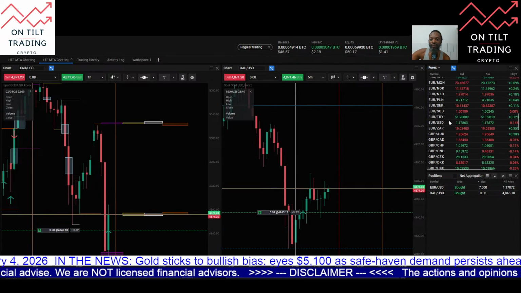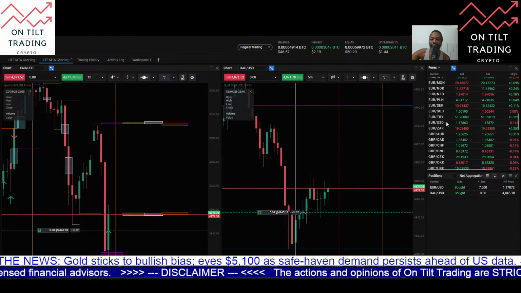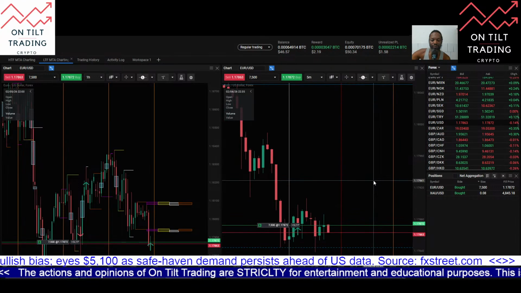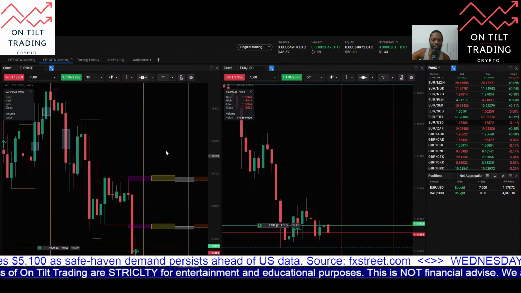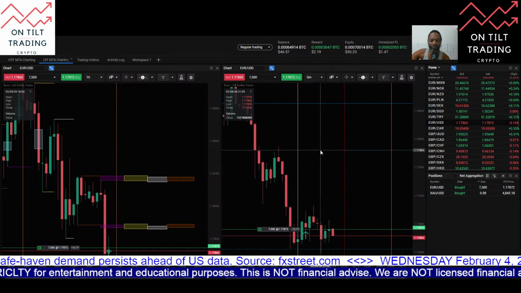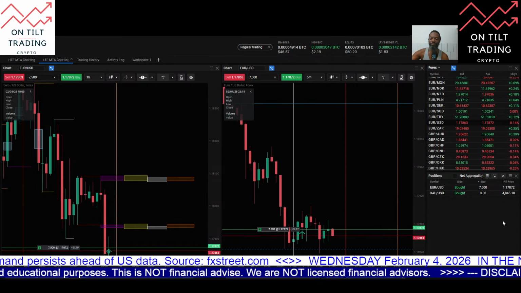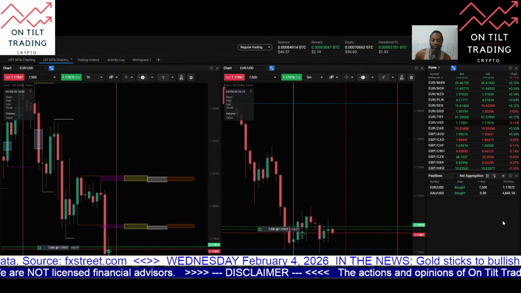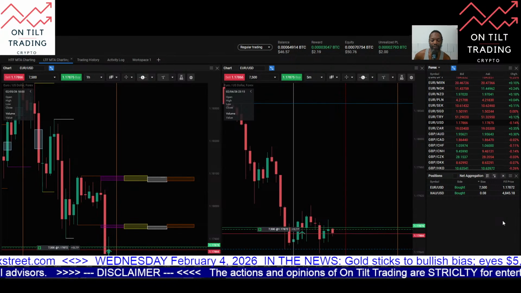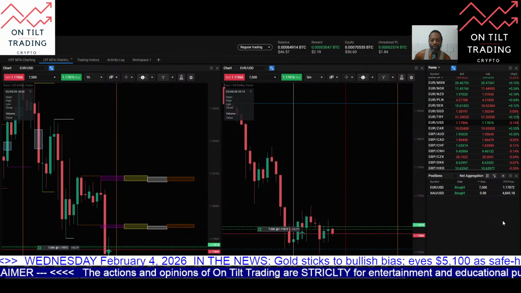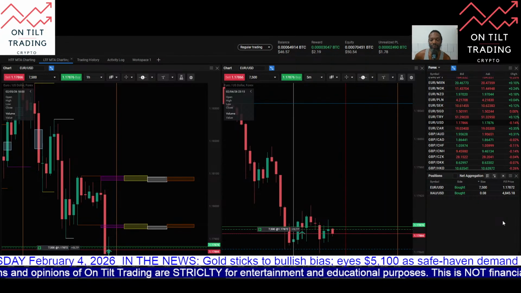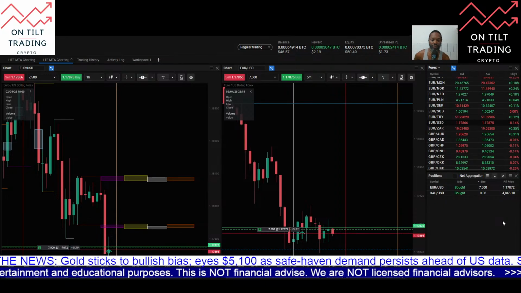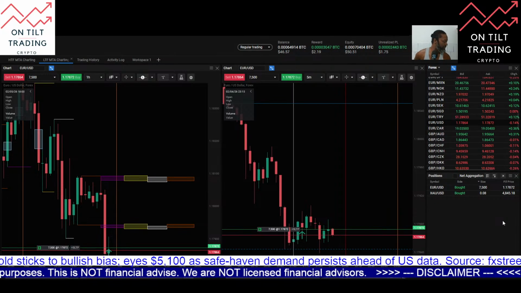Seems to be struggling still. Still struggling to get above my entry here with any kind of clearance. But did put in a new 5-minute high in the previous candle, and we'll see if price can at the very least hold here, as price is unable to give a body candle close above the previous candle.